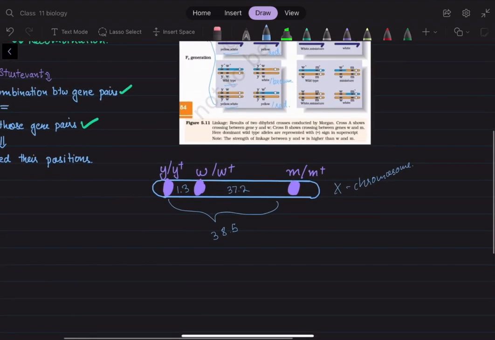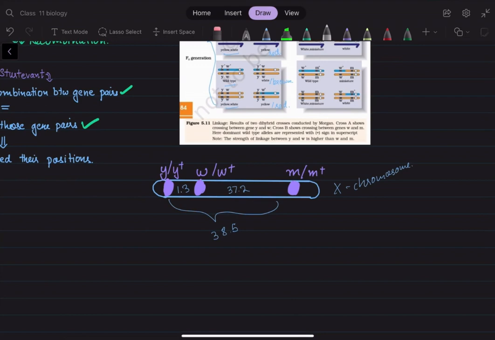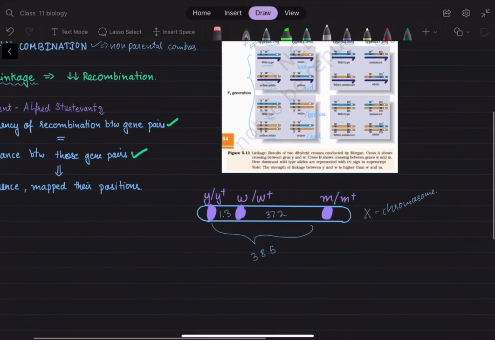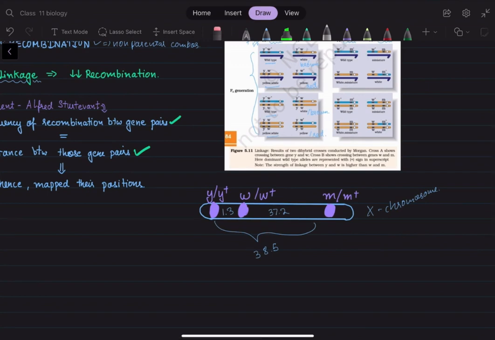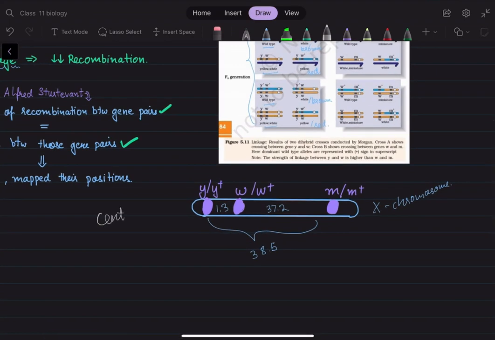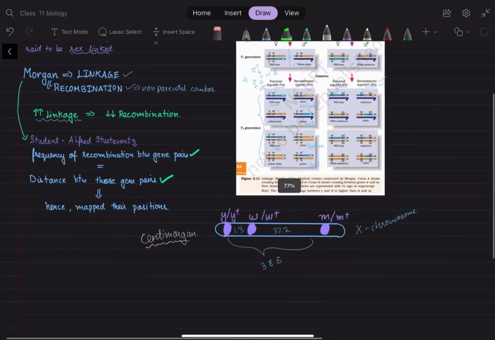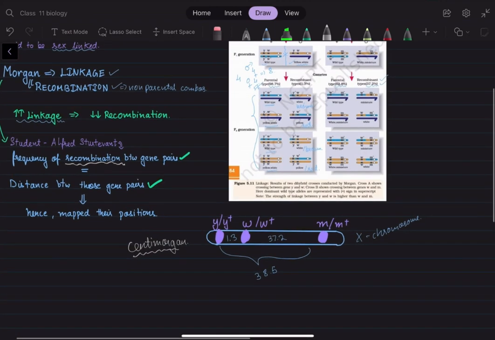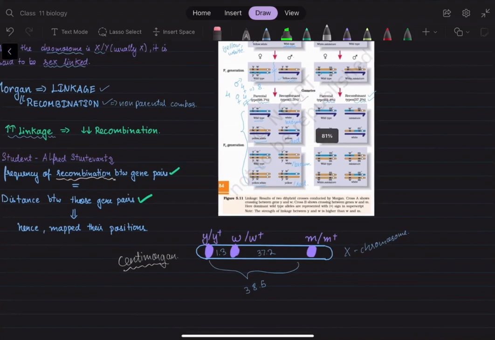Based on this we can map the distance between the genes as Alfred Sturtevant did. He used a unit, centimorgan, like how we use meter, foot, inches for distance in real life. I told you that the frequency of recombination, this percentage itself, he used to denote the distance between the particular gene pair.